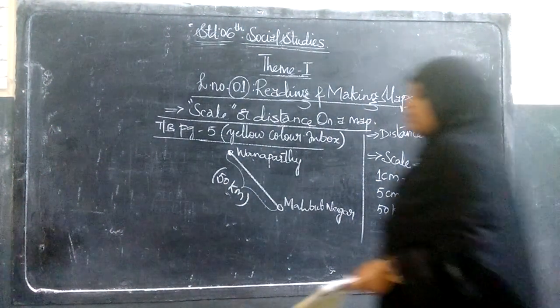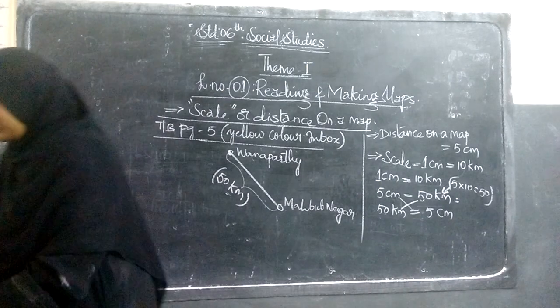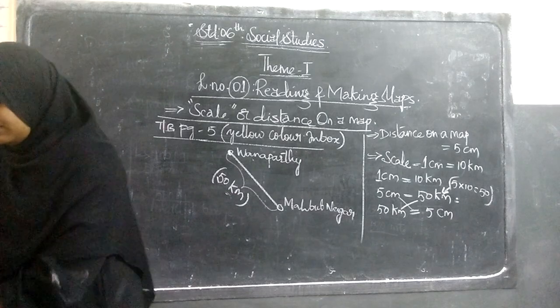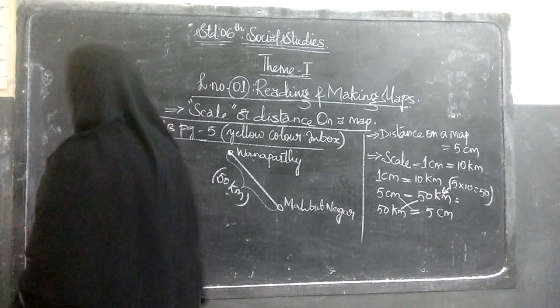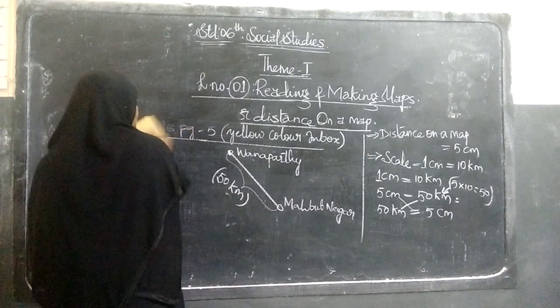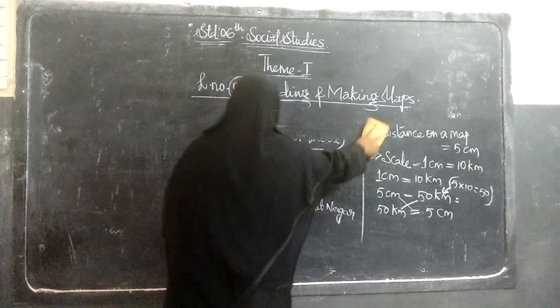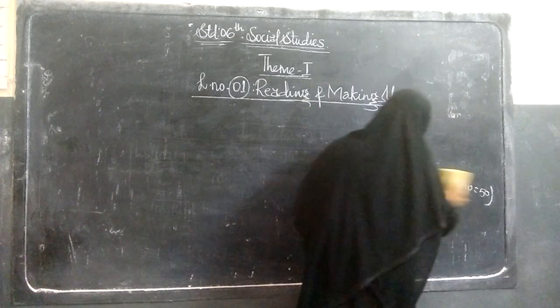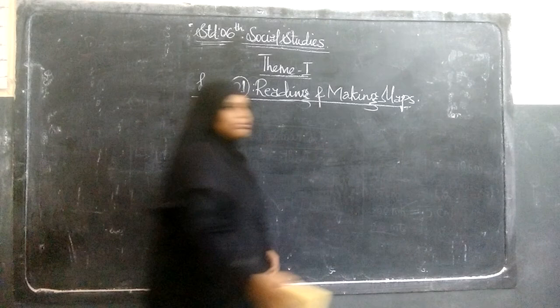Now next we come to the other subtopic on page 6, that is about symbols. Symbols, we already know, are an indication to show places. Regarding symbols, I am just giving a glimpse of what they mean.